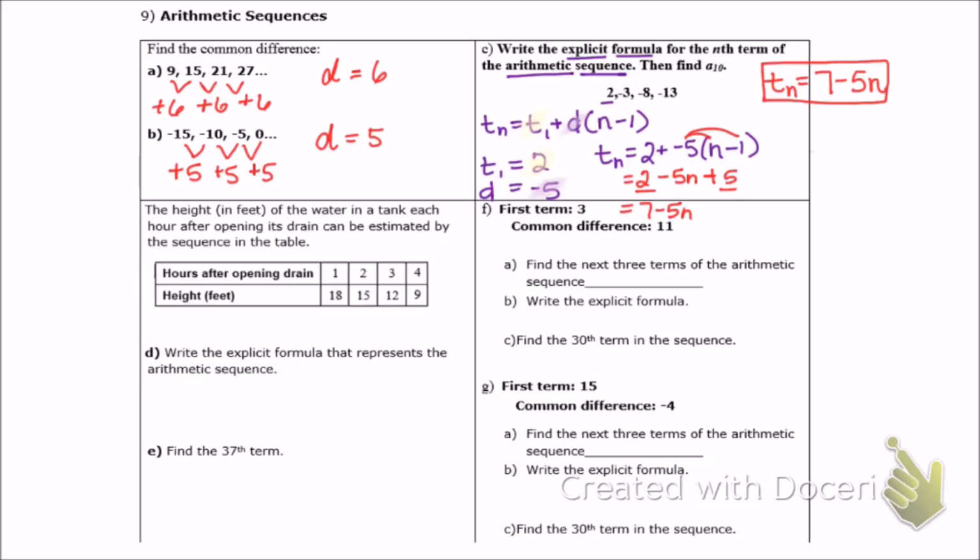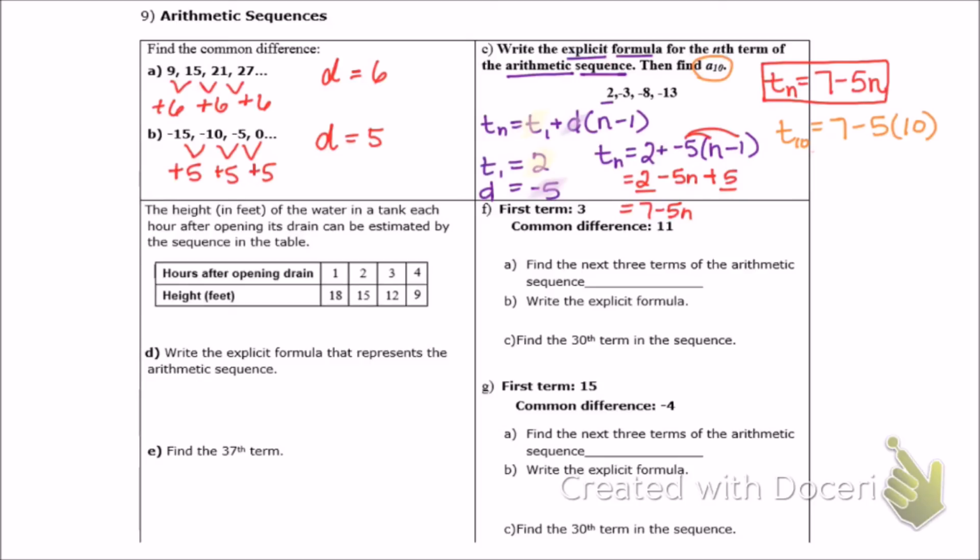Okay, and then it says we need to find out what a sub 10 equals. They're calling our sequence A, and I replaced the A with a T, which is just the name of our sequence or the name of our function, so that's not a big deal. We just need to know that we need to find the 10th term. So if the sequence continues and I locate the 10th term, n is going to be 10 in this case.